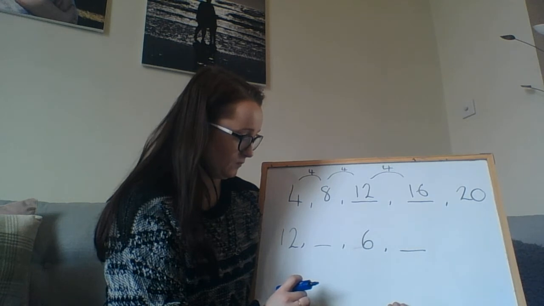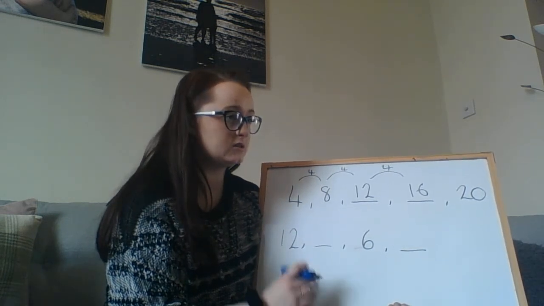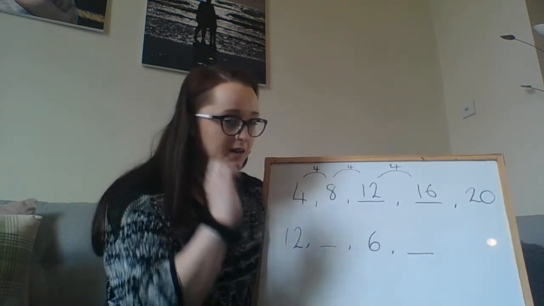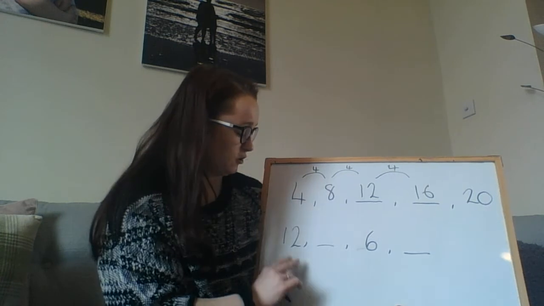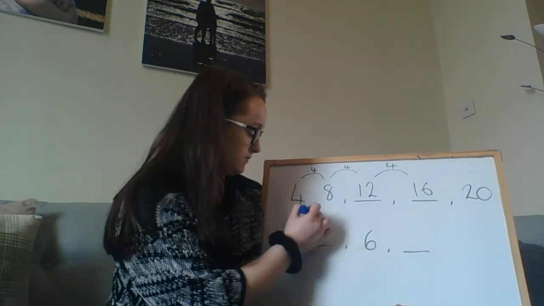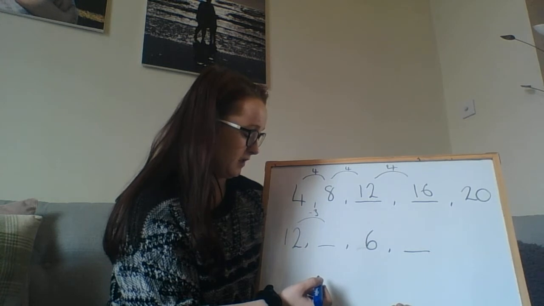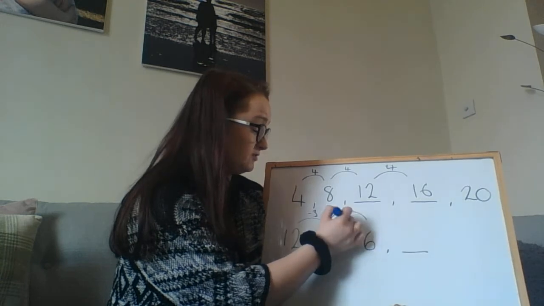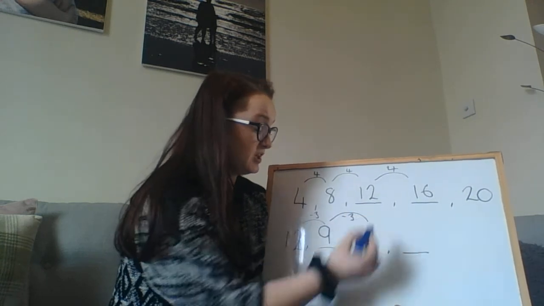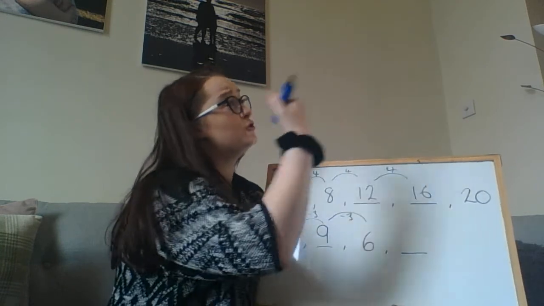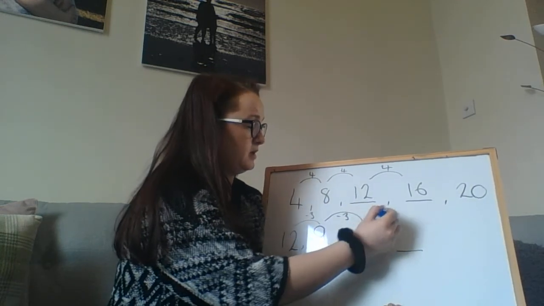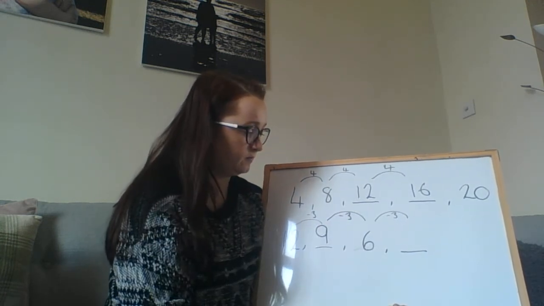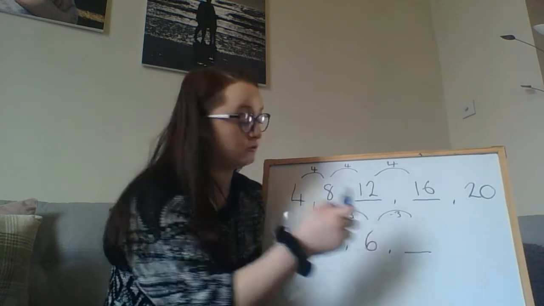Now, what times table do we know of that's got 6 and 12 in? If you said the 3 times table, well done. So I've got 12, and if I subtract 3, I will get to 9. And then I'm going to subtract another 3, and I've got to 6. So then what I've got to do, I've got to subtract another 3 to find this number here. What is 6 subtract 3? If you got the number 3, well done Year 3.